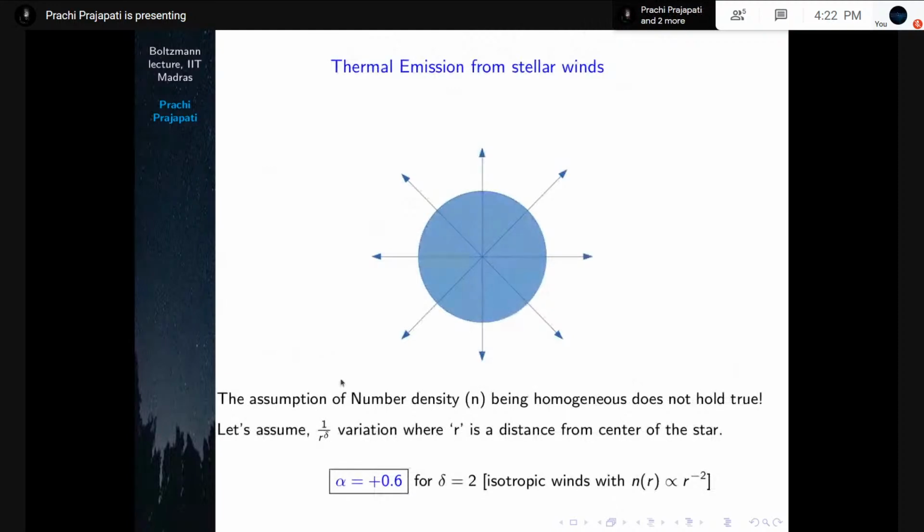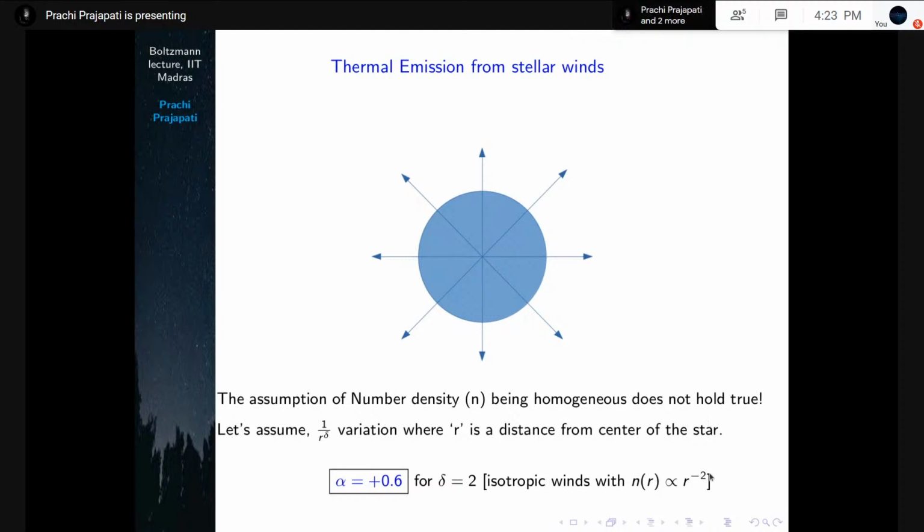Now when we come to the case of stellar winds, which is our main goal, to study massive stellar winds, the assumption of homogeneous number density doesn't hold true. Here, as we go radially outwards from the star, we expect the number density to decrease with a negative power law.